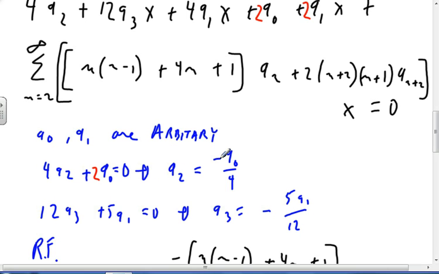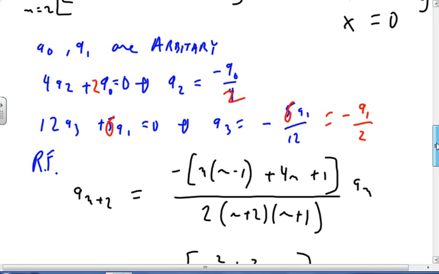This is going to be minus A0 over 2. 12A3 plus 6A1. A3 is going to be minus 6 over 12, which is minus A1 over 2.